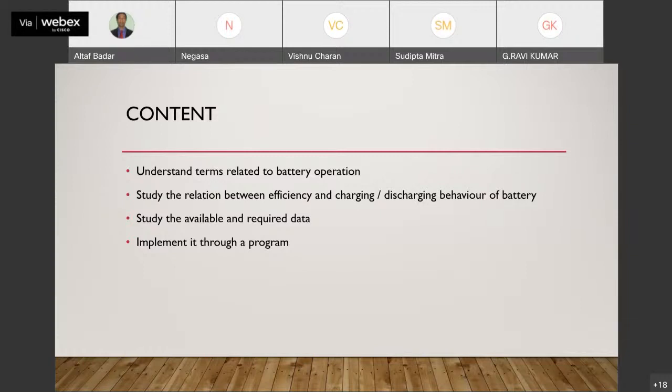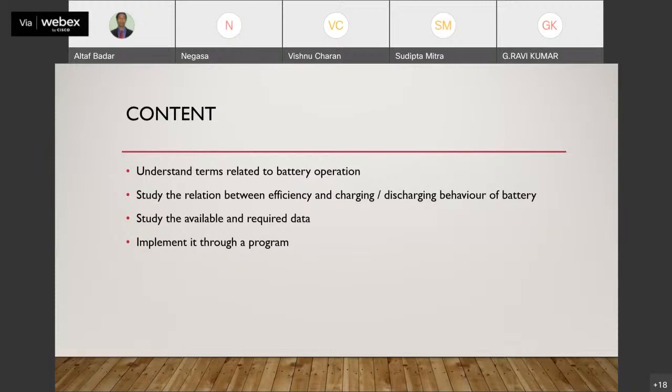And based on the efficiency of the battery, we will decide when it should charge or discharge. Usually, whenever you study energy storage system in a smart home or any place, it is always coupled with the renewable energy which is available. But in this case, we are not talking at all about the renewable energy.